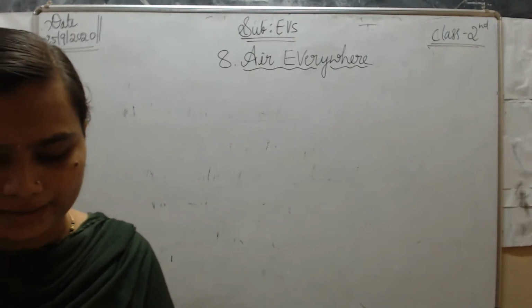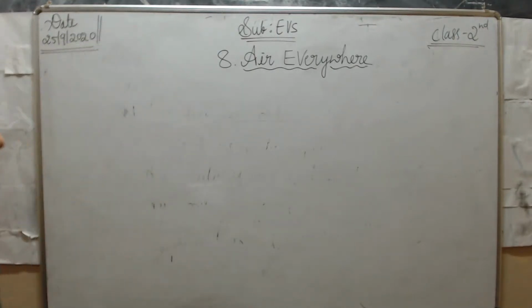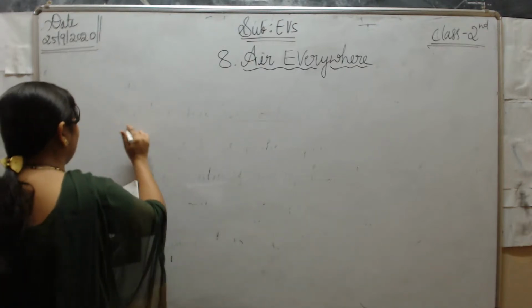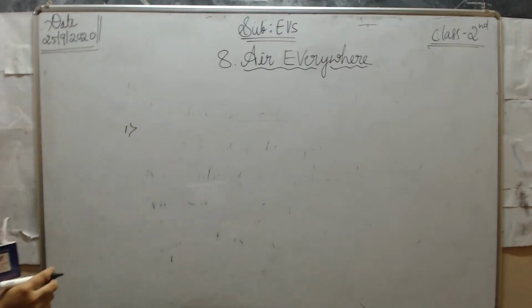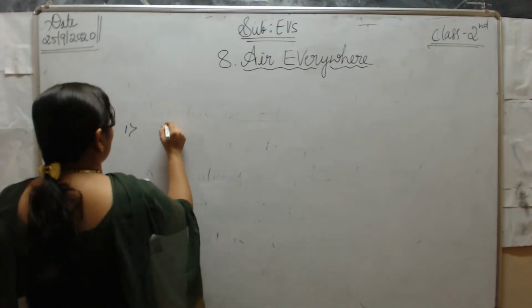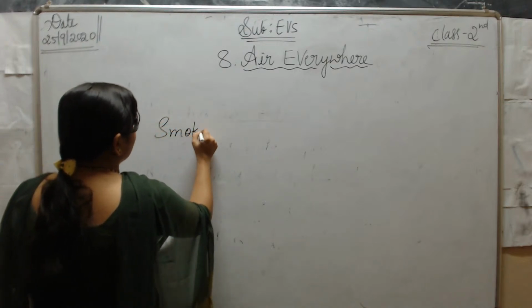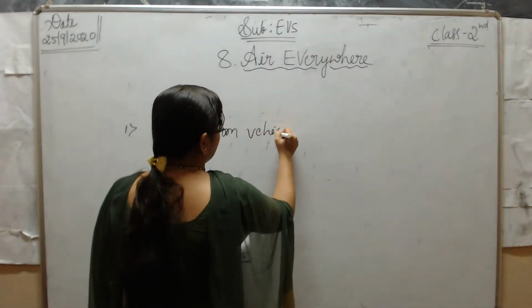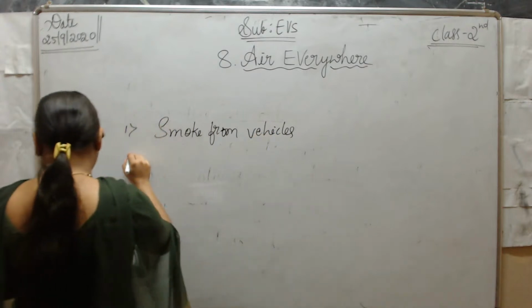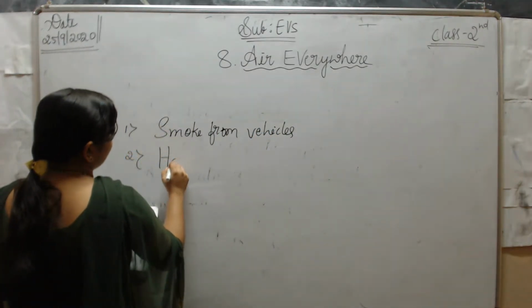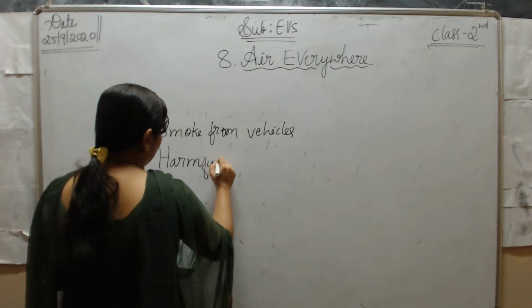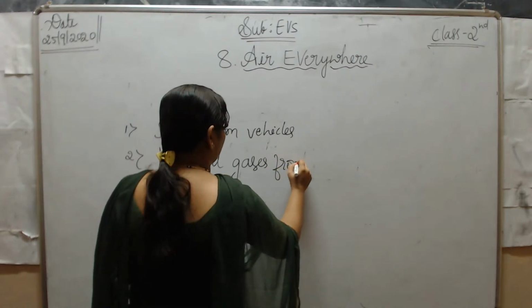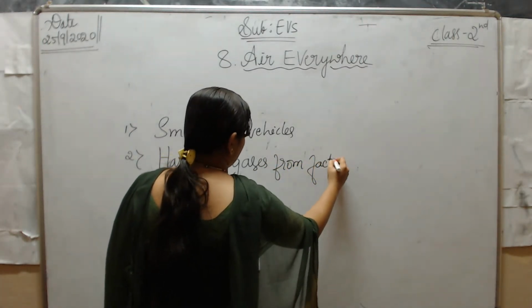Causes of polluted air. Which things make the air polluted? First, smoke from vehicles. Second, harmful gases from factories.